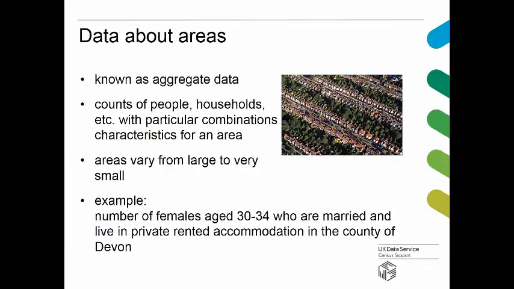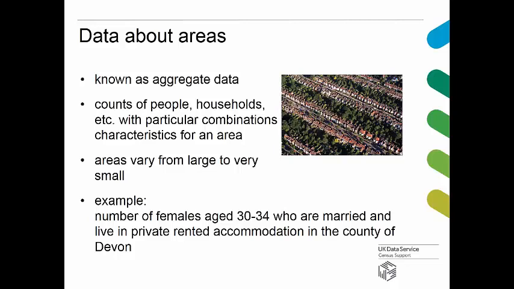Okay, so I talked about microdata, but there's also aggregate data, also known as data areas. And these are counts of people or households, for example, with particular combinations of characteristics for an area. And the areas vary from large, so country level, right down to very small areas like output area level, which is about 125 households, I think.